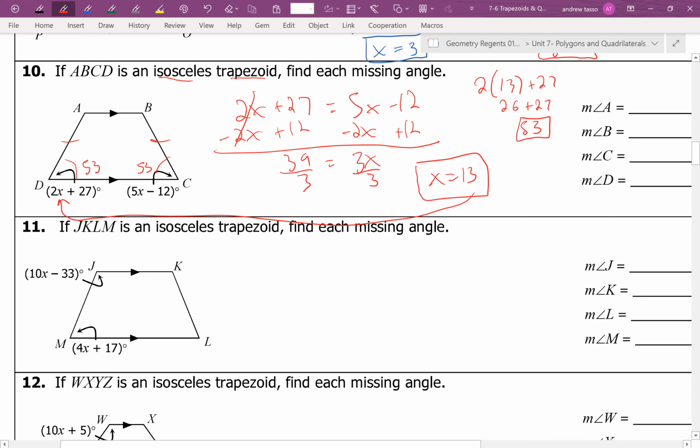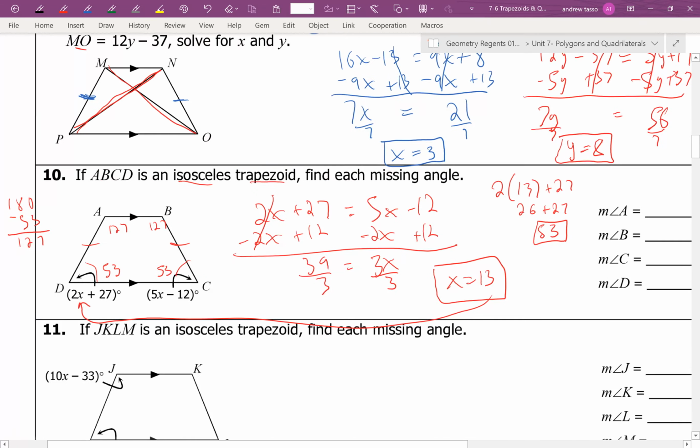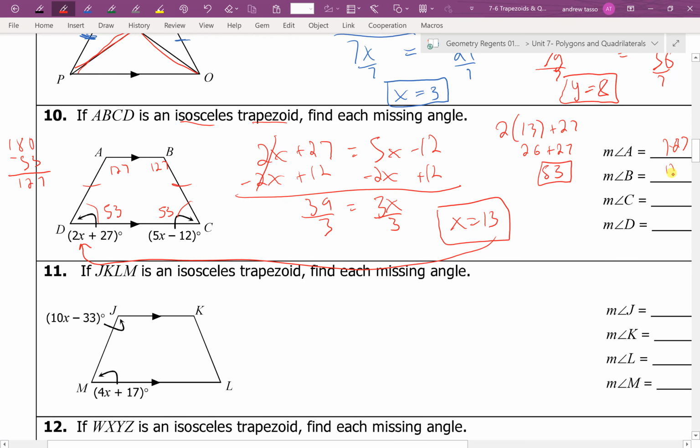Bottom right corner would also be 53, and then we could simply do 180 subtract 53, and that'll give us the measurement of the top angles. So 127 would go in both of those spots there. Right, 127 for angles A and B, and C and D will be 53 each.